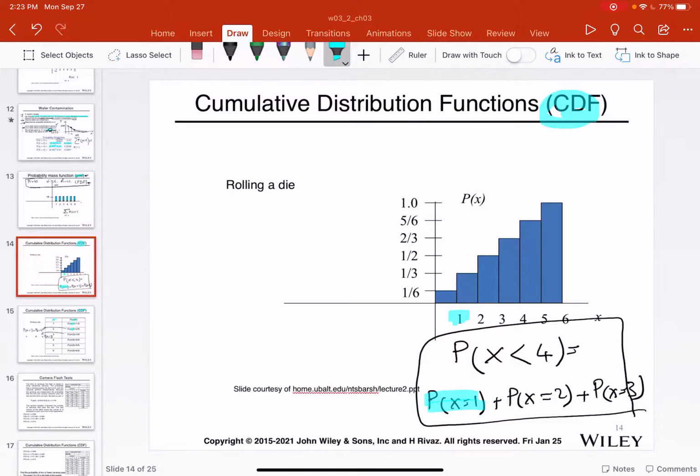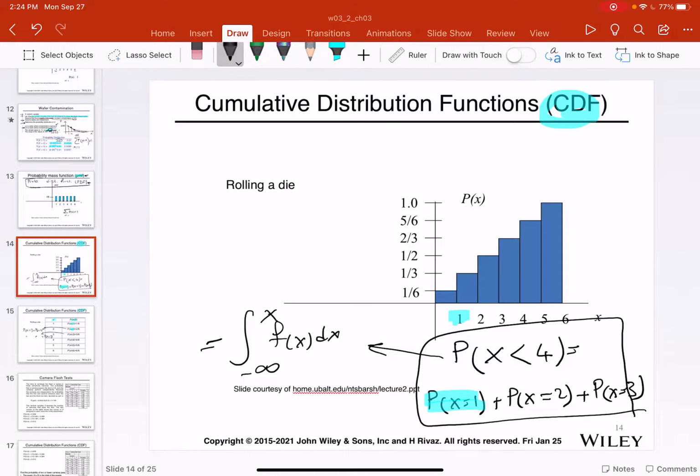When we say less than something and add up, that's actually an integral. So for the discrete case this is the sigma from minus infinity to that point, and for the continuous case, which is a big focus of this course, this will be the integral from minus infinity to that point of f of x dx. So that's why we introduced the CDF.